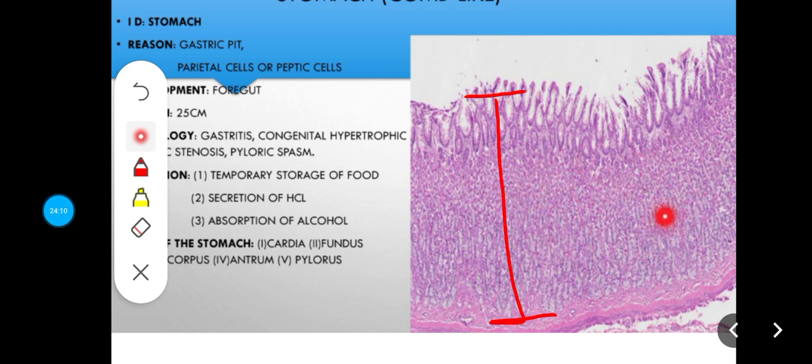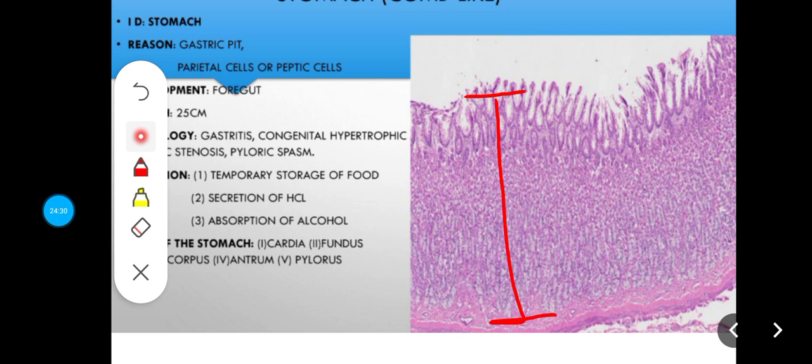All the cells are simple columnar epithelium. Then the gastric pits are located at the upper parts of the epithelium, then the gastric glands at the lower part, and the gastric glands open into the gastric pit. They pour their secretion into the gastric pit.